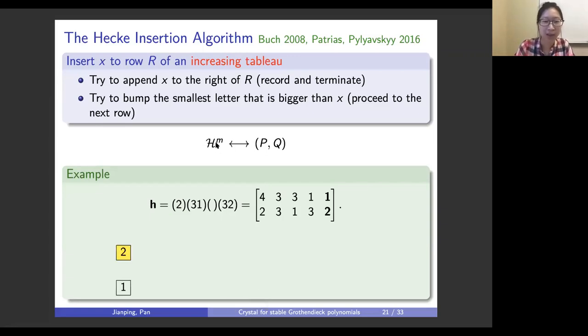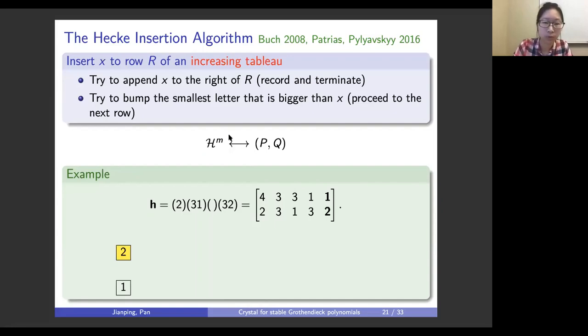Here notice one thing: for a decreasing Hecke factorization, we can write it into a compatible biword, which means we write these letters in the second line, and the first line is their factor number. For example, this is the 4th factor, so I just put a 4 there.